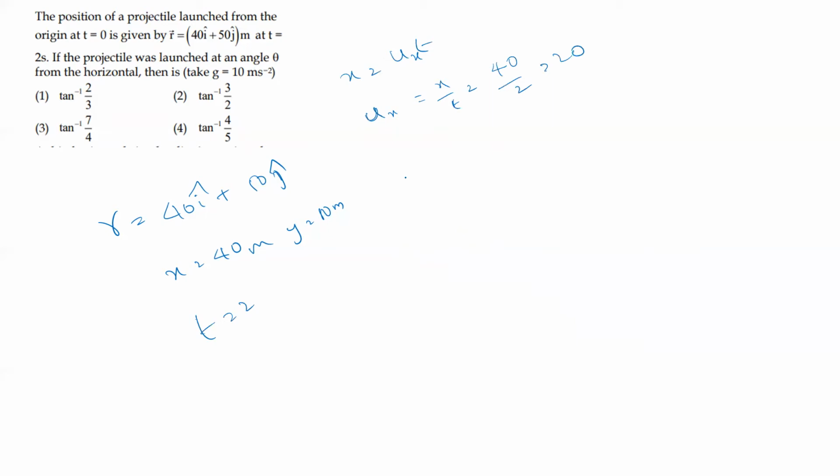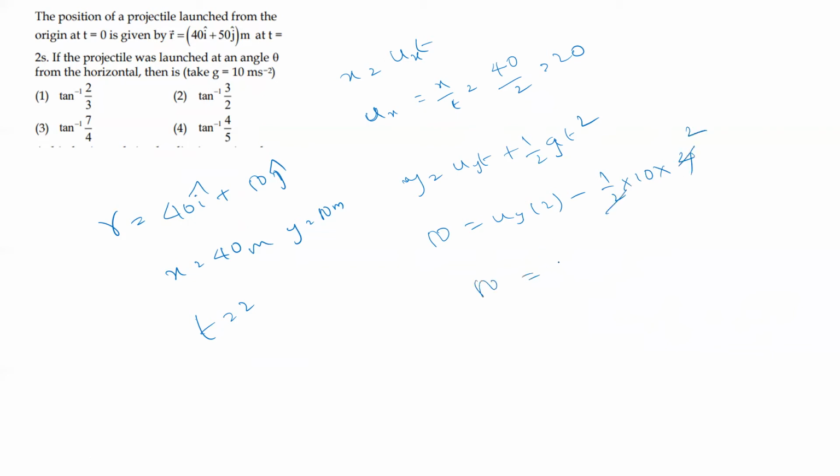Next, same, you find out y. y is equal to Uy t plus half g t square. y is given as 50. Uy, t is 2. Y is going up, so g is negative, 1 by 2. g asking us to take 10. 2 square is 4. 2 times cancel.